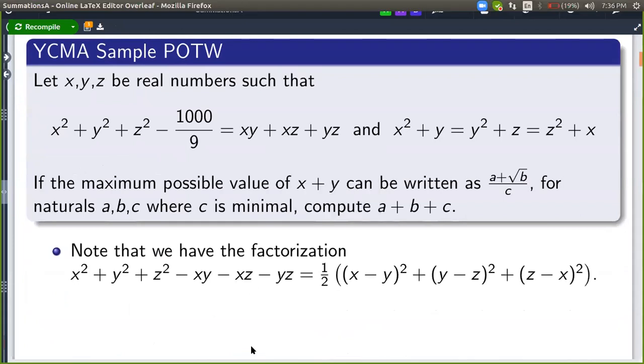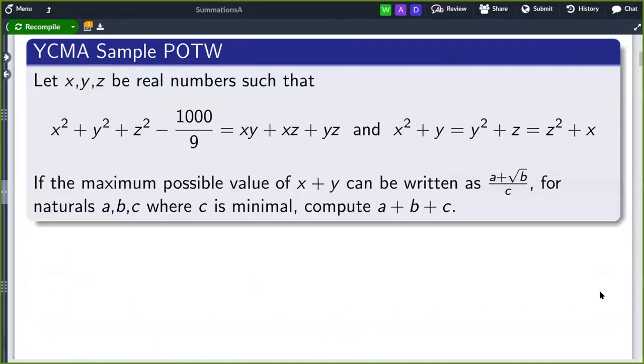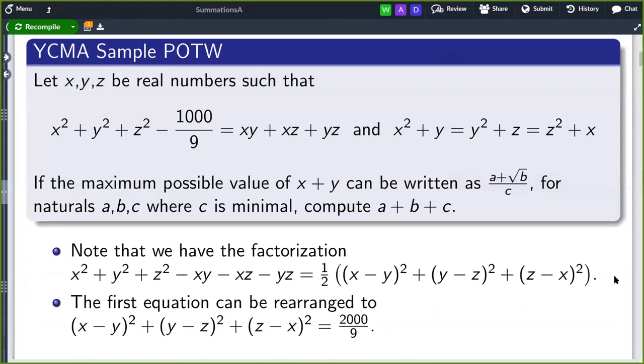So if we use this, that means the sum of those three squares is 2000/9, right? So we just plug that into the equation. Now there's not much more we can do with this equation, so let's go to the second equation.